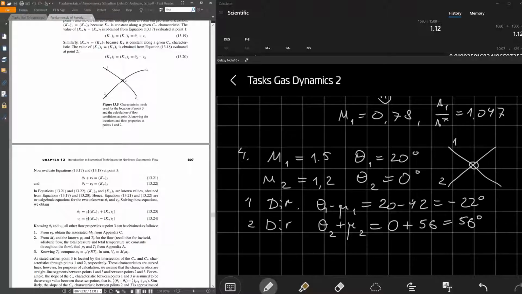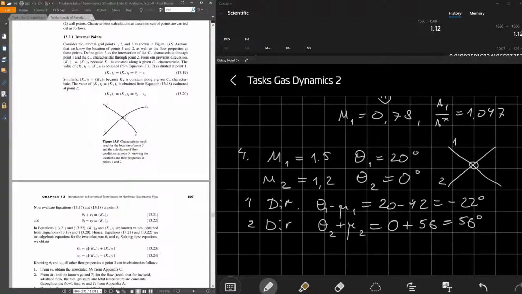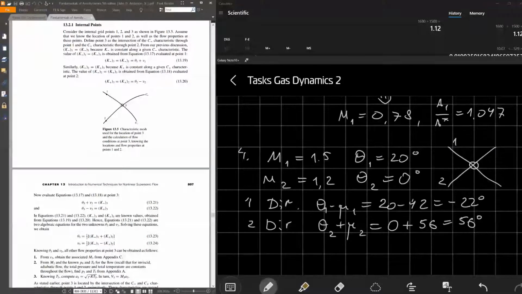K minus 1 can be defined in a very simple way. It's same as, for example, K minus 3 or K minus 1 is the same because they all are on the same line. It's theta 1 plus nu 1. Nu 1 is the Prandtl-Meyer function, a function of Mach number.